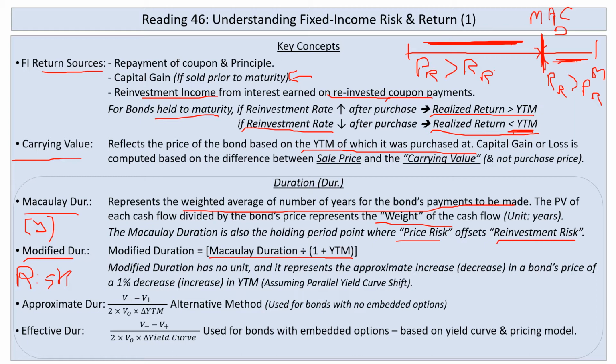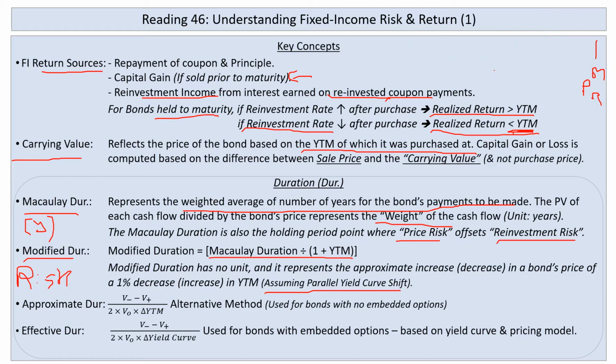That also means that if a bond's YTM decreases by 1%, the bond's price would increase by 4%, and vice versa. So it moves both ways. However, modified duration assumes what? It assumes a parallel shift in the yield curve, or that yields on all maturities increase, all of them, by 1%.